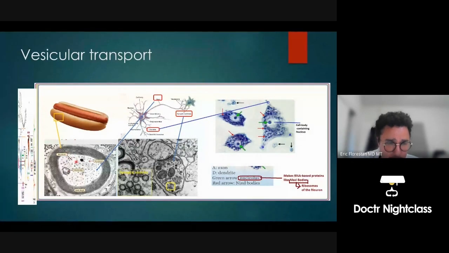Is a microtubule a filament? Does anybody remember? I think it is, right? All those cytoskeletons, they're just a bunch of filaments, okay? So you're seeing here, they're calling this a neurofilament, right? And this is a microtubule.